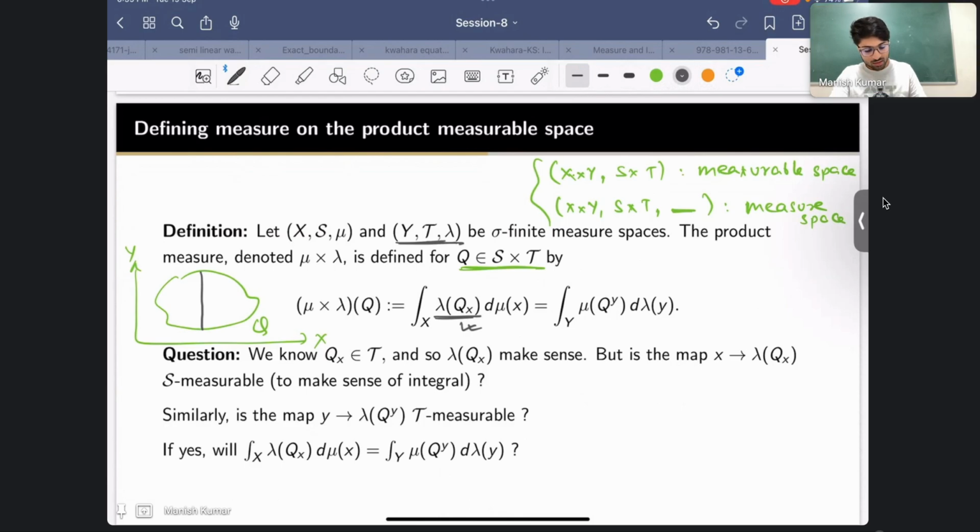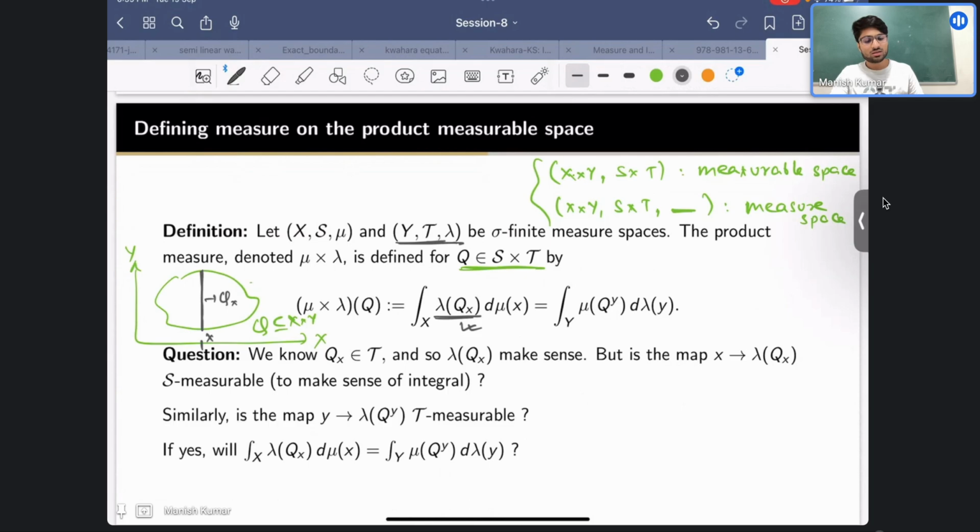So what I'm saying is, you choose some Q, which is a subset of X cross Y. In the first two slides I mentioned that if you take the x section, corresponding to this x, then this is your Q_x.